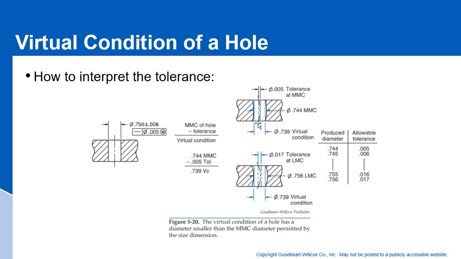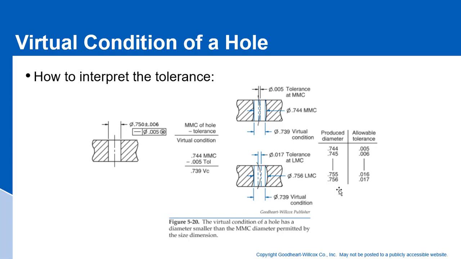And then our tolerance zone is a diameter-shaped, round-shaped zone of 5 thousandths at MMC. So we produce this at MMC, which is 744, and we get 5 thousandths. But as we deviate from MMC and that hole gets larger, for every thousandth we deviate from MMC, we pick up another thousandth in allowable form tolerance.